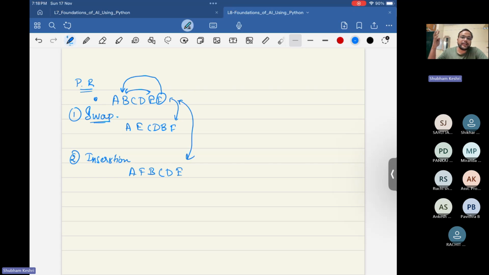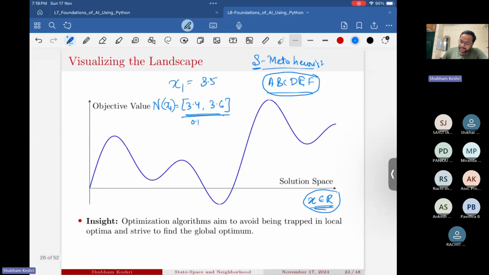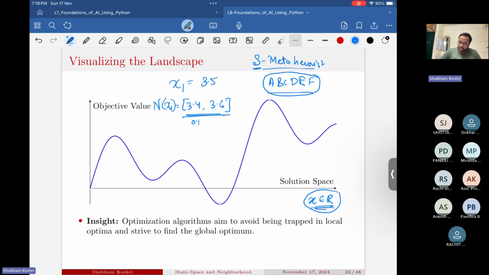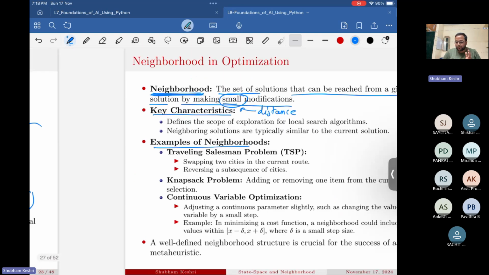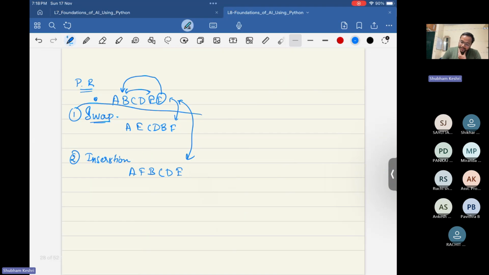One may radically change the landscape. So over here we are talking about the objective function landscape. This is known as the swap neighborhood of this representation. This is known as the insertion neighborhood. So different neighborhoods can have different landscapes.